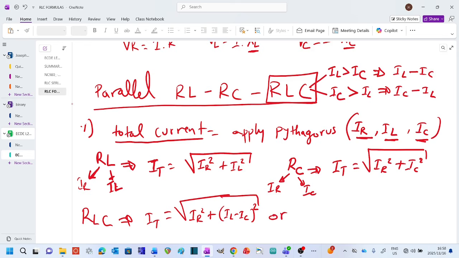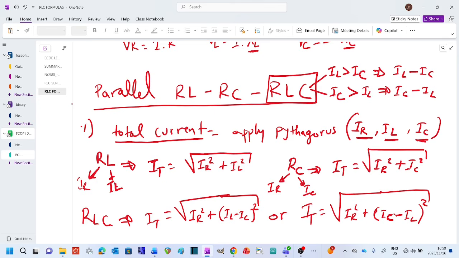Or if you are dealing with the case where IC is bigger than IL, you're going to have to do your total current is equal to square root of IR squared plus (IC minus IL) squared. So that's it.